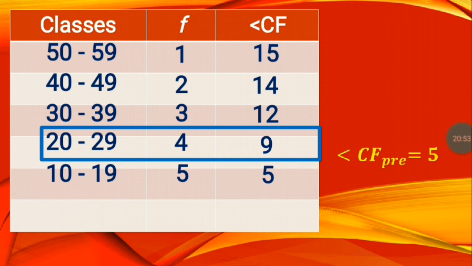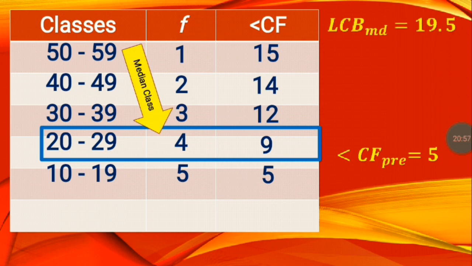Okay, so that is your median class. So for you to locate your median class, you have there n over 2. Then your n is 15, right? Your sample size is 15, then divided by 2, that gives you 7.5.